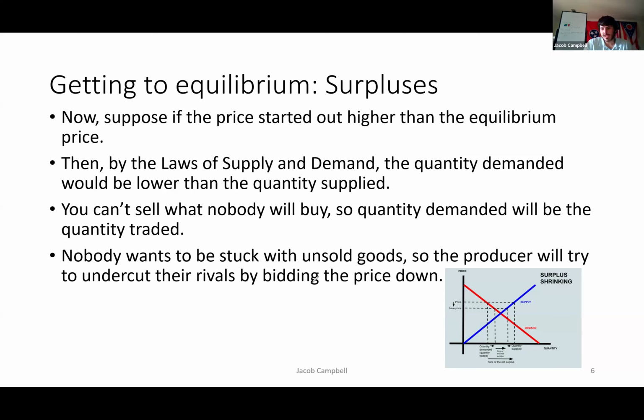Well, if we start at equilibrium, where quantity supplied and quantity demanded are equal, and then we raise the price, then by the law of supply, producers are going to want to produce more. They're getting paid more, so they want to produce more. And consumers, by the law of demand, are going to want to consume less. They have to pay more, so they don't want as much of the good.